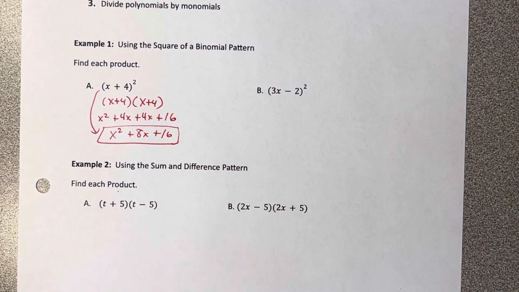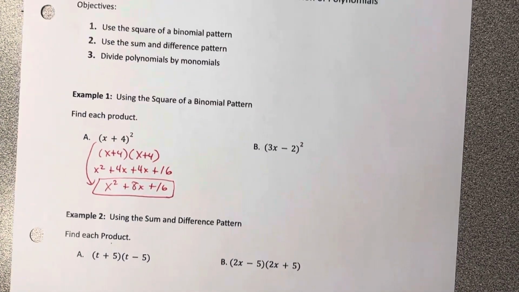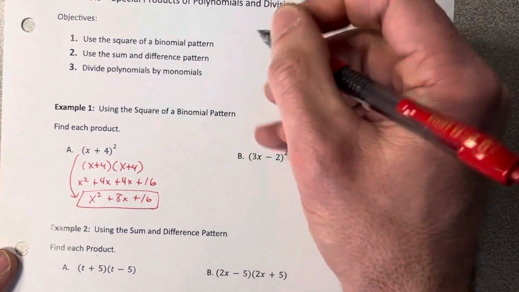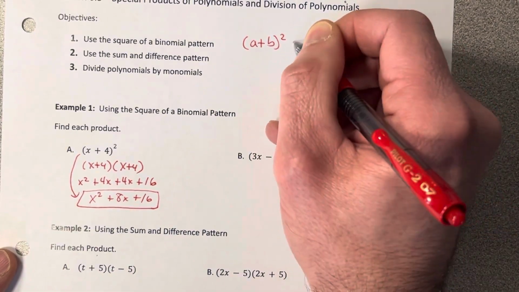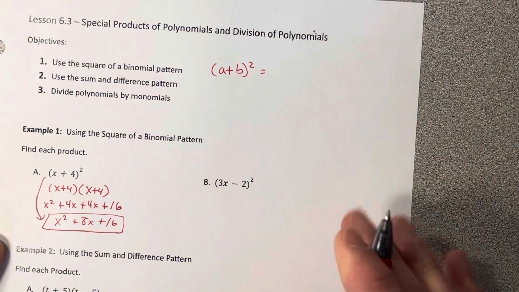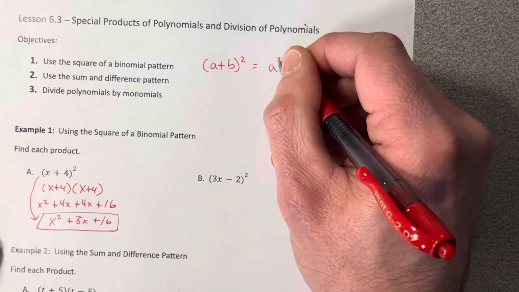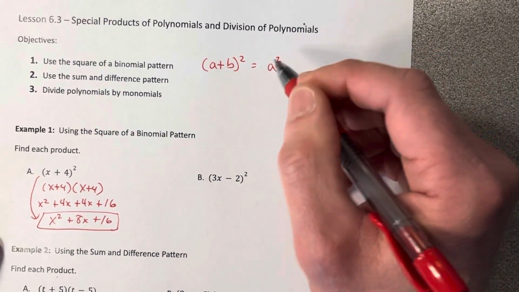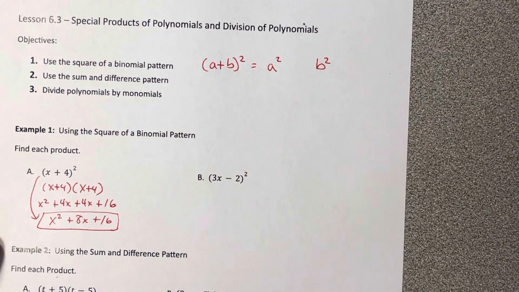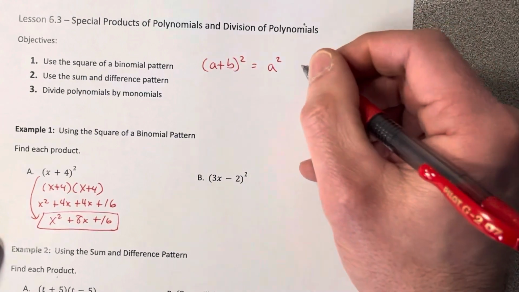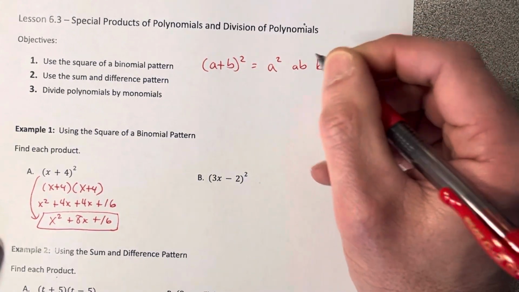But somebody noticed when they did a few of these that there's a pattern you can follow. I'm going to write it up here. The pattern is this: if you have a binomial squared, your result is going to be the front term squared, the back term squared, and in the middle, you multiply the two terms together and double it.